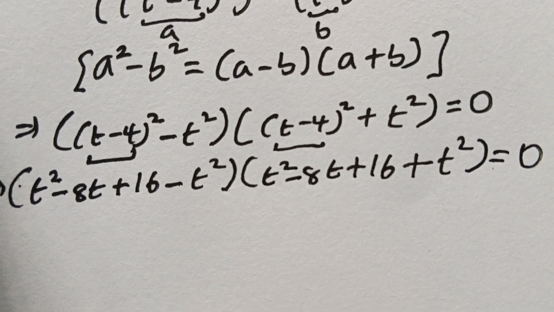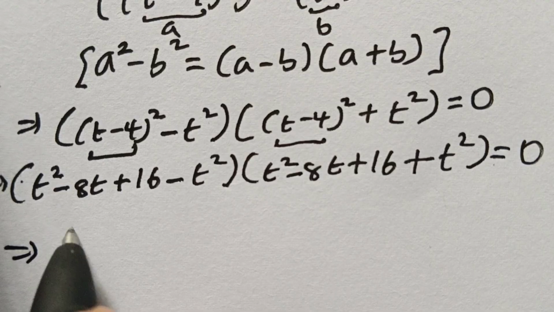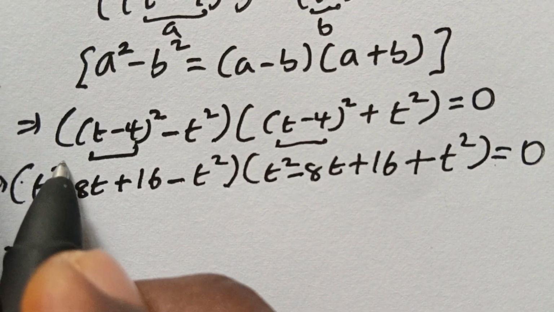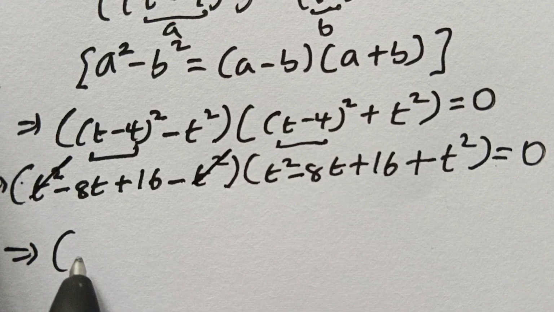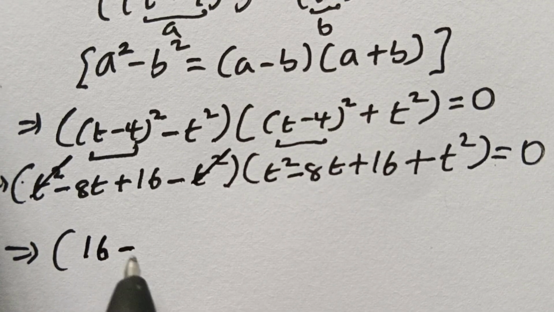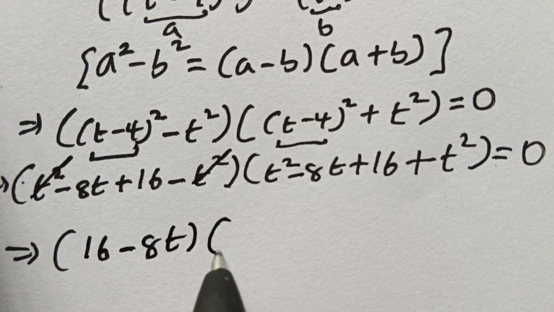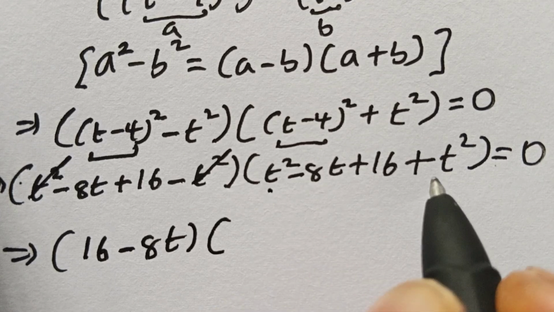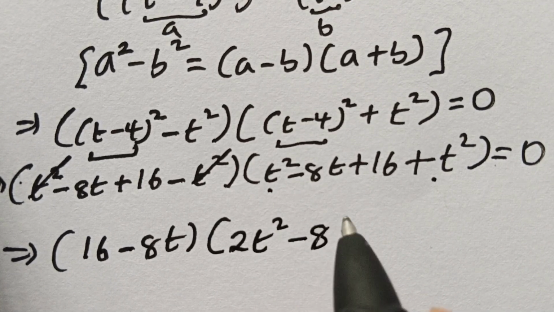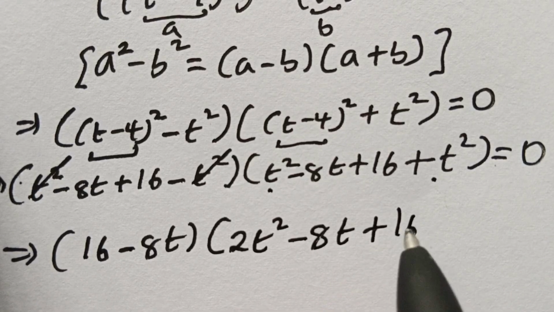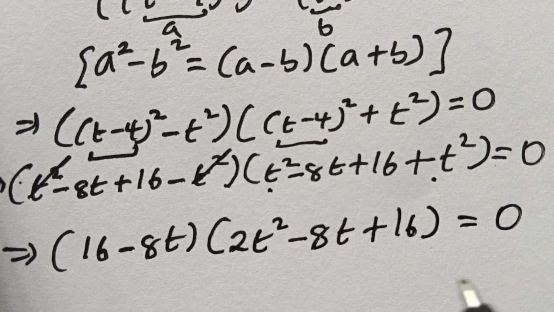Let's proceed further. Clearly t squared minus t squared goes off, we are left with 16 minus 8t times t squared plus t squared, that is 2t squared minus 8t plus 16 equal to 0.